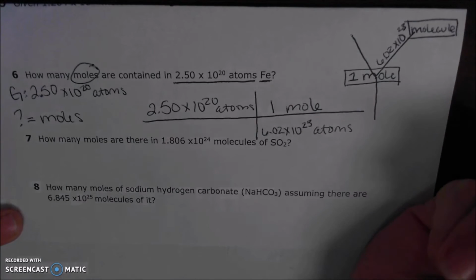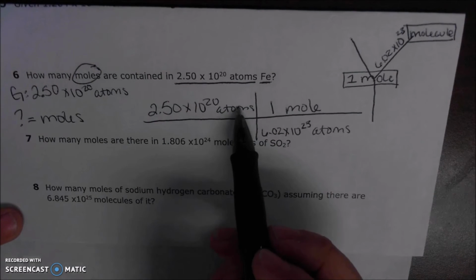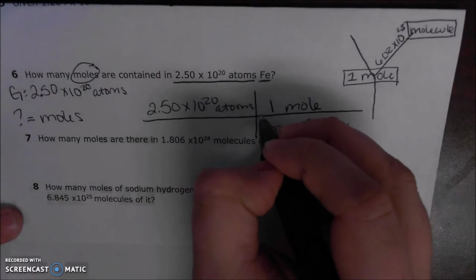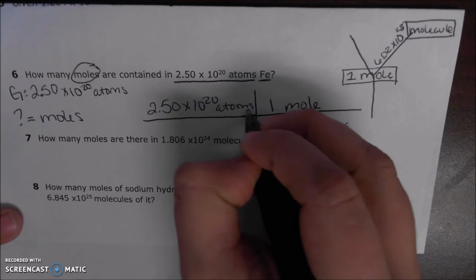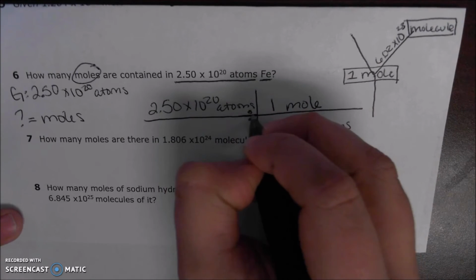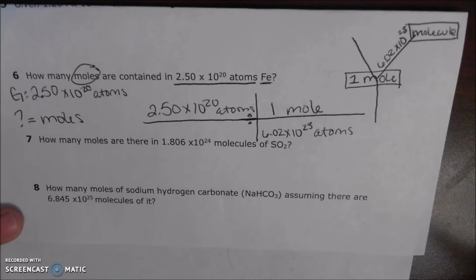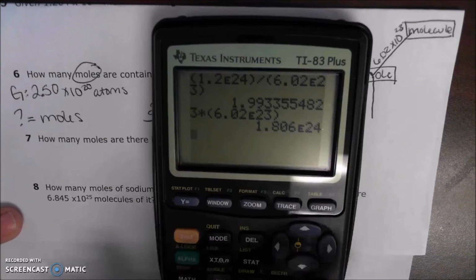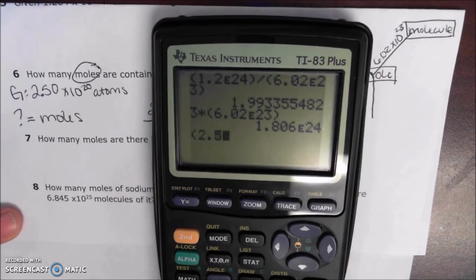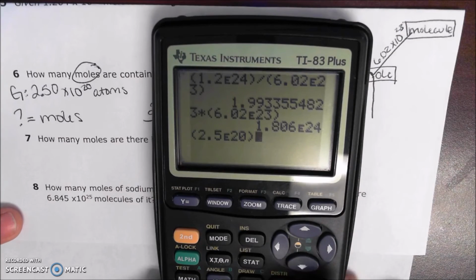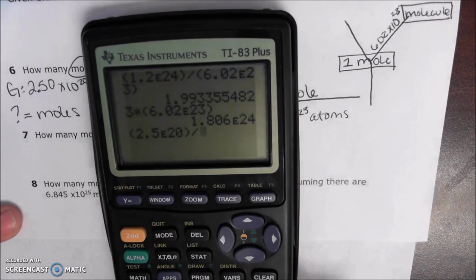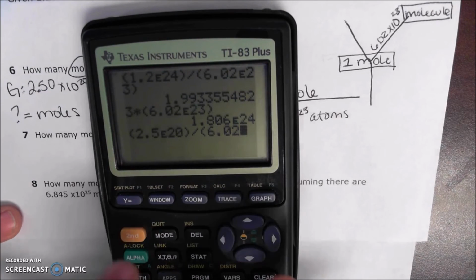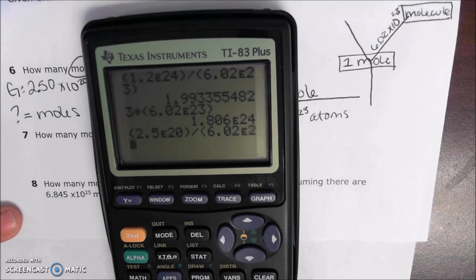Now, because we've got one number on the top and one number on the bottom, we're going to have to turn this into a division sign. So in our calculator, you would put in your 2.5 second E 20, because it's 2.5 times 10 to the 20th, and then we're going to divide that by 6.02 second E 23.